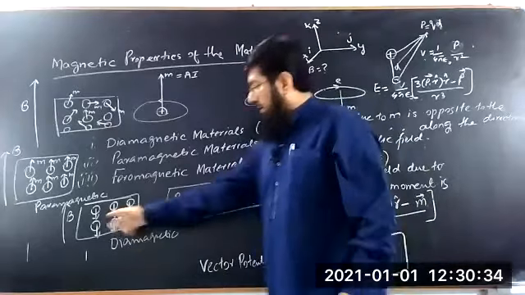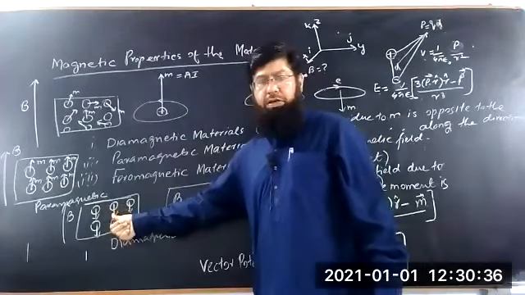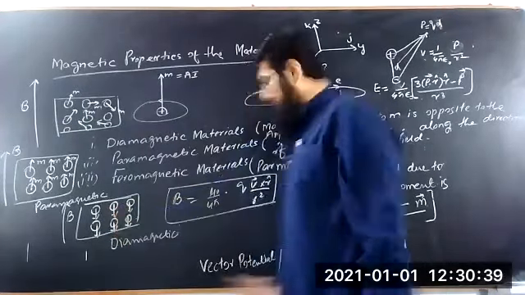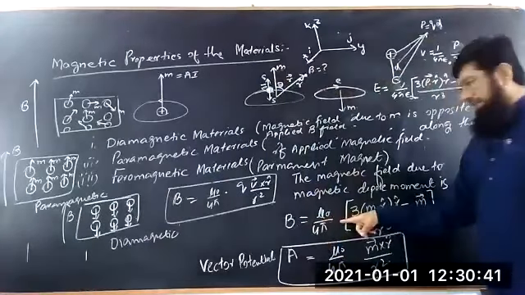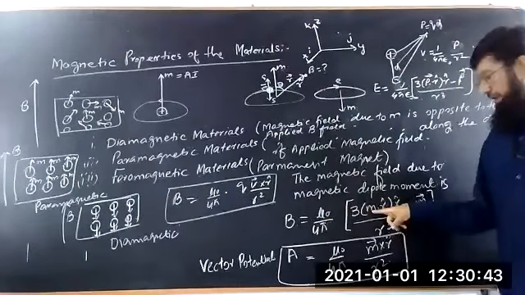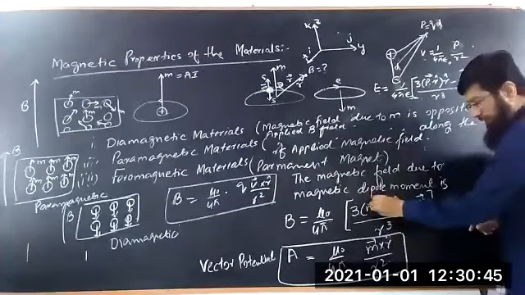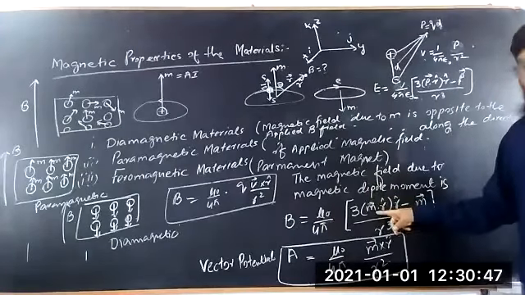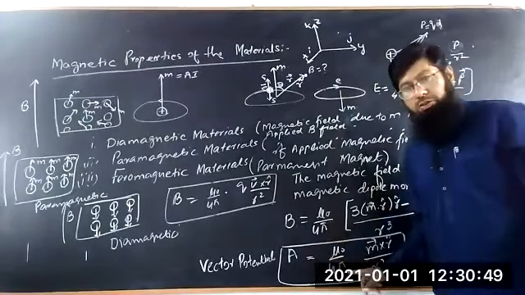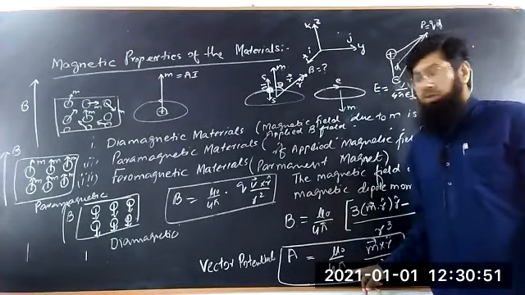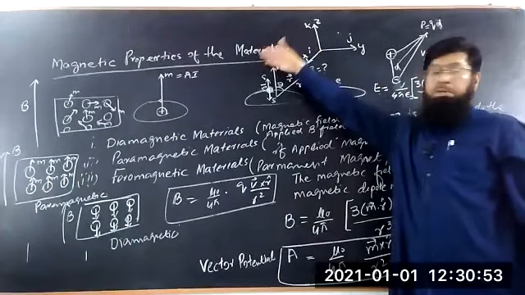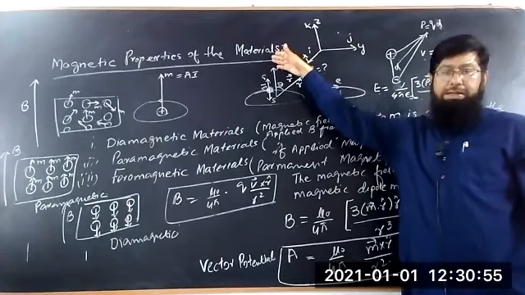And the magnetic field due to this dipole is equal to this. This is the magnetic field due to the single dipole M, and this is the vector. And this is the vector potential due to the magnetic dipole.